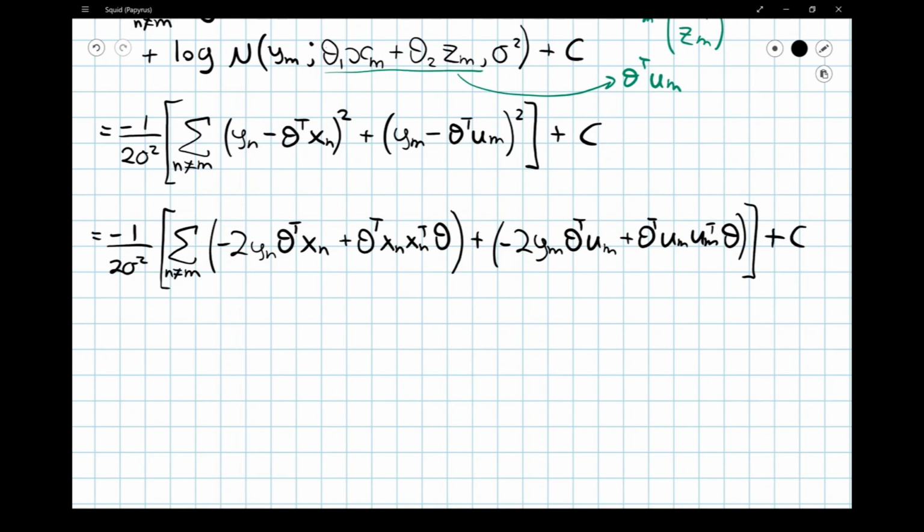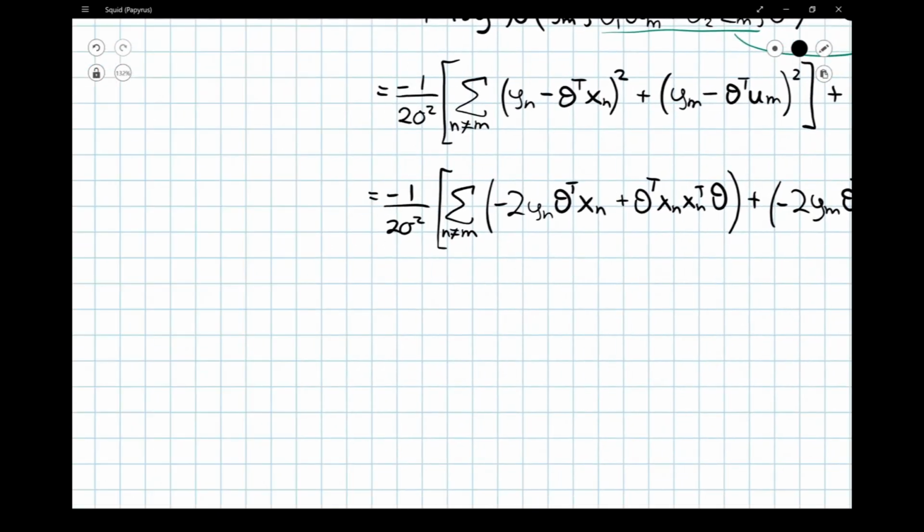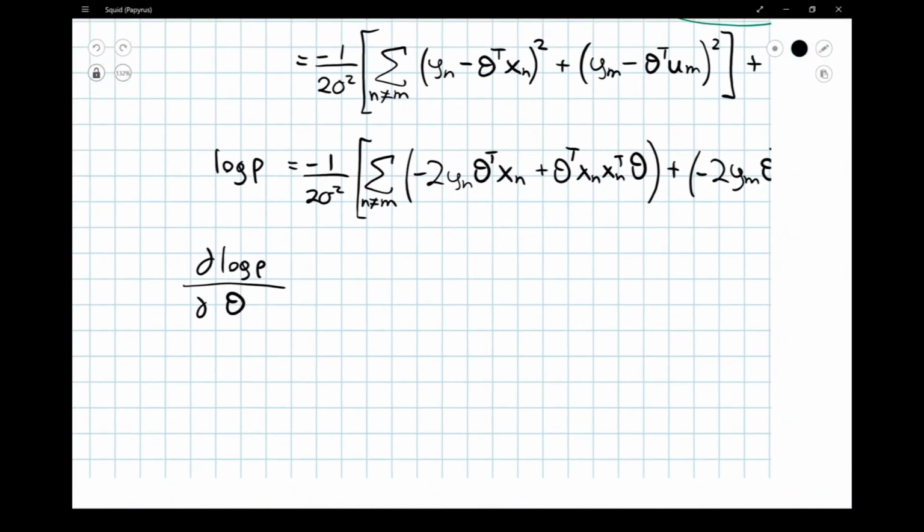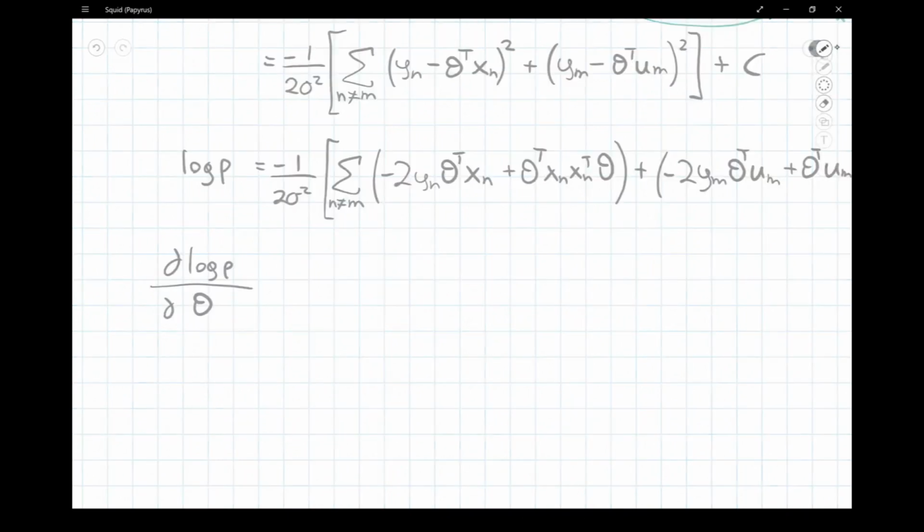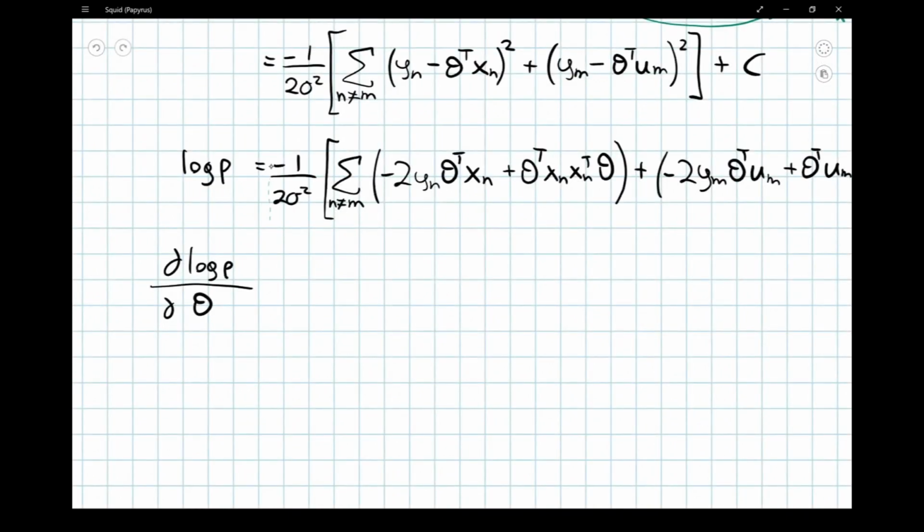Plus a constant. Okay, so we'll say this is log p. Now what we're going to do is differentiate log p with respect to theta. So we're still going to have this constant at the front, which I'll try and copy.